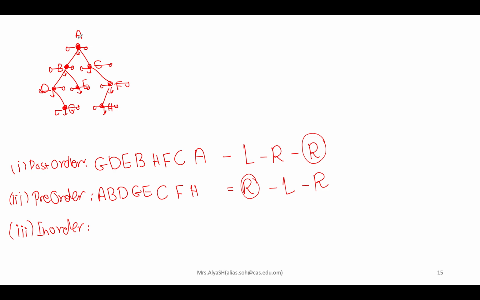So here we can see that if we just go like this, we will start with D, G, then B, E, A, C, H, and F. So here we basically mention the left, root, and then the right.